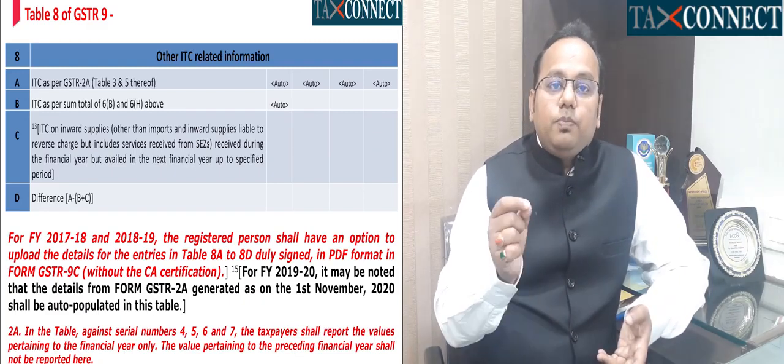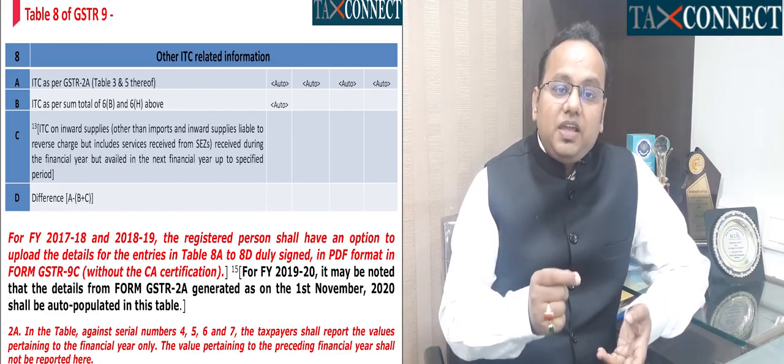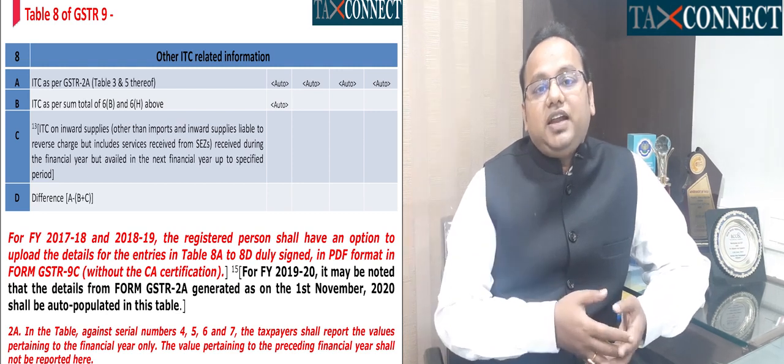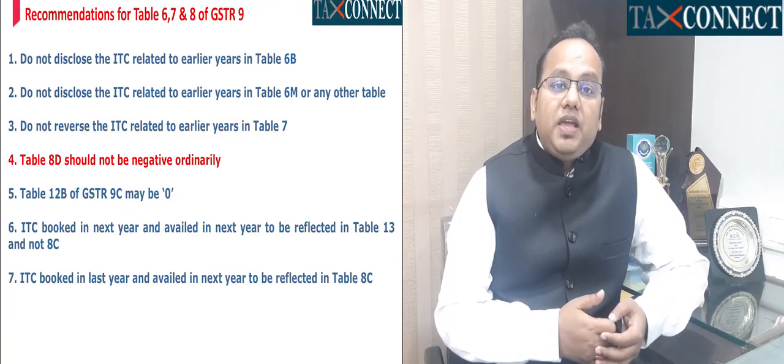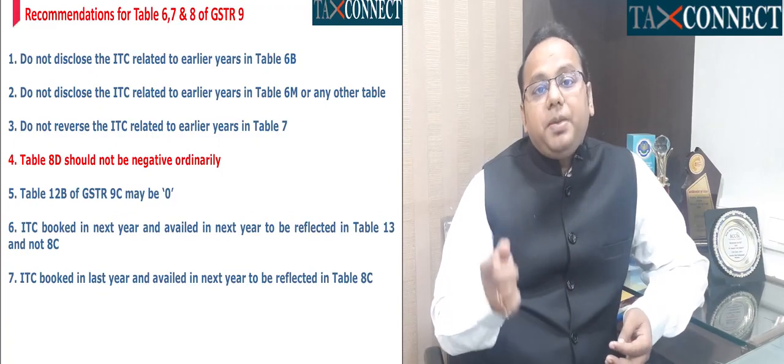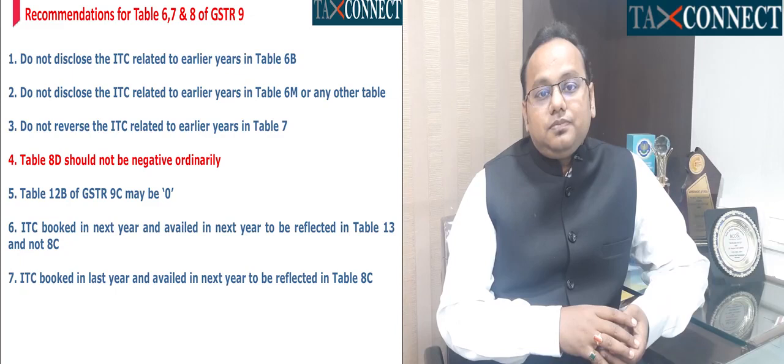Therefore, the moment you put in that figure in 6B, the same would be reflected in table number 8B and it would be a matching of apple versus apple.